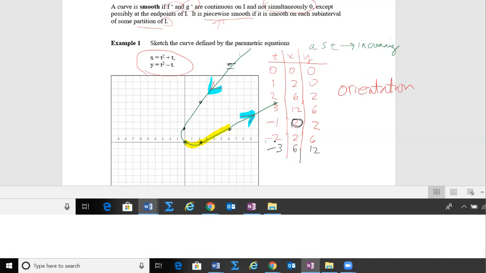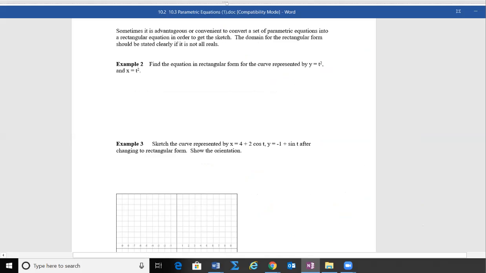Okay, let's continue to the next page. Here we're going to have a little bit of practice finding a rectangular form given a parametric form.